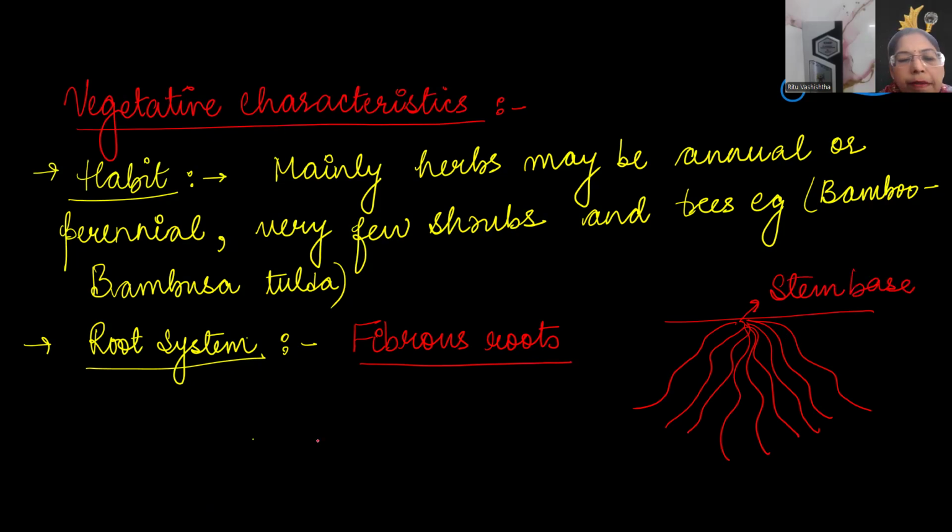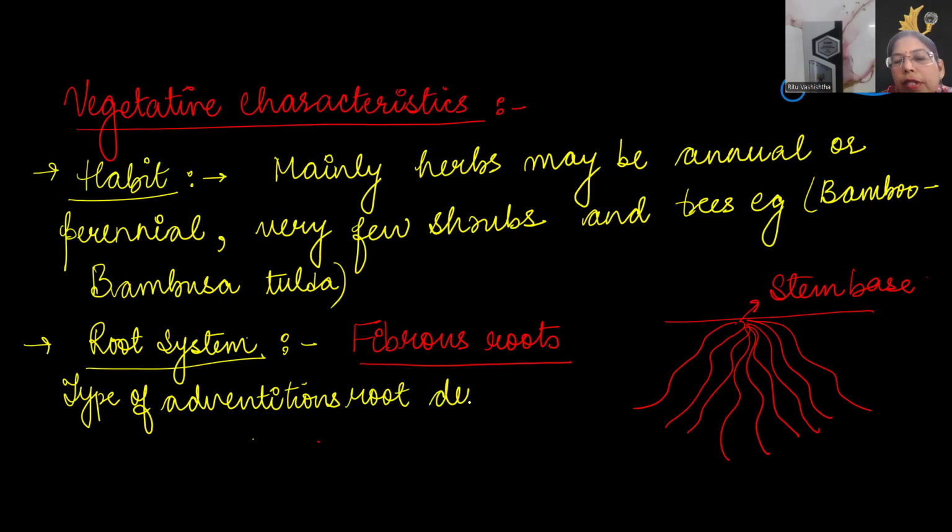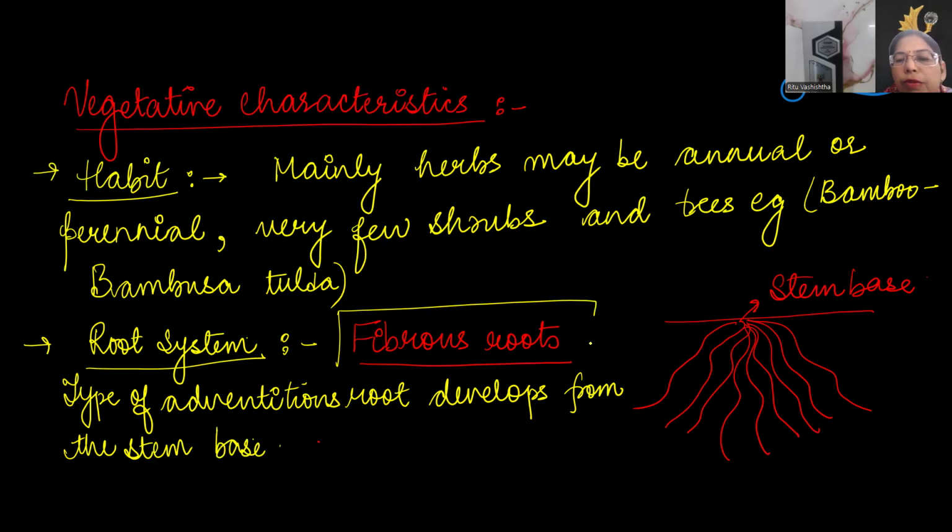So it is a type of adventitious root, which arises from the stem base. So it is clear that whenever you get the question about which roots are present, you write that there is presence of fibrous roots.